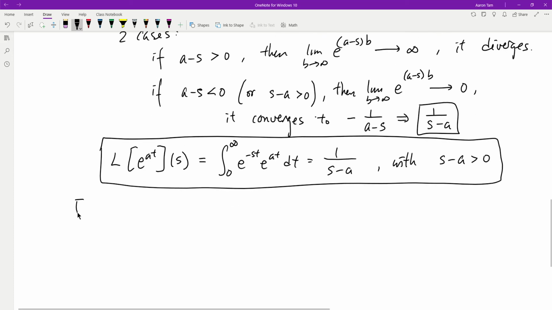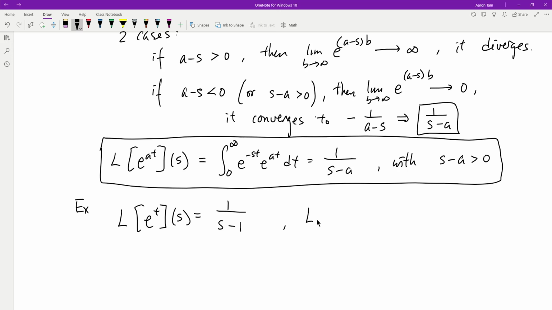Let me give you some examples on how to use this. What is the Laplace transform of e to the t of s? Instead of going through the improper integral and trying to evaluate it, now we can just simply use the formula. Comparing this expression to the formula directly on top, I can identify that a must be 1. So this Laplace transform must equal 1 over (s minus 1).